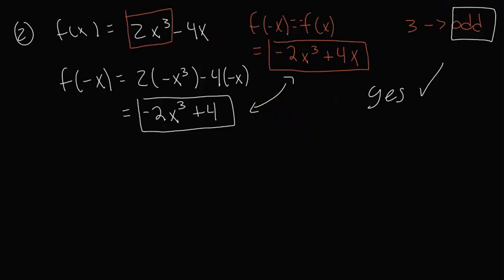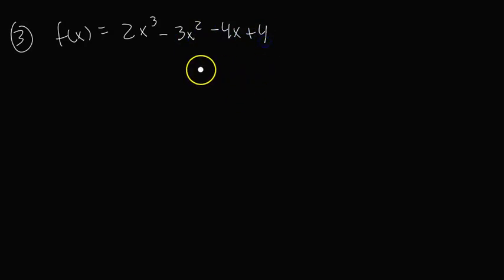Now lastly, let's just try one more example. Number 3. Let's say that we have a function f of x equals 2x cubed minus 3x squared minus 4x plus 4. Again, because we see that the power of x right here is 3, we are going to assume that this is an odd function.